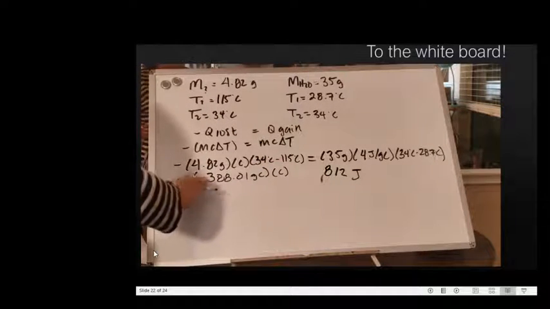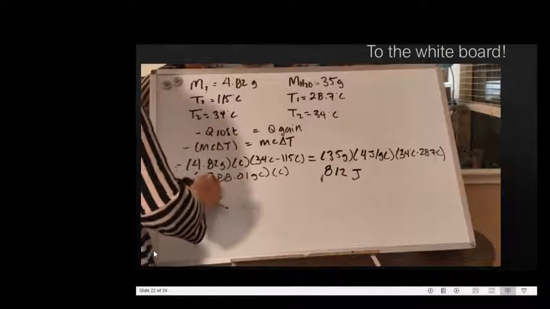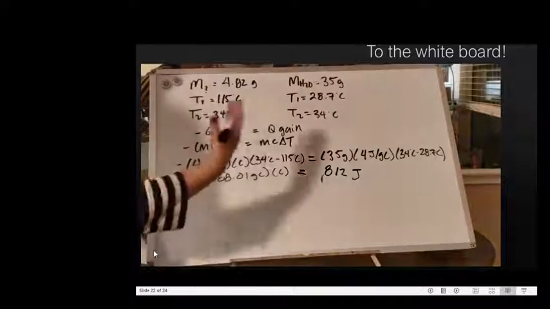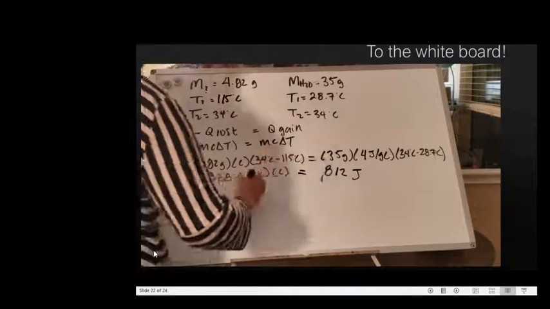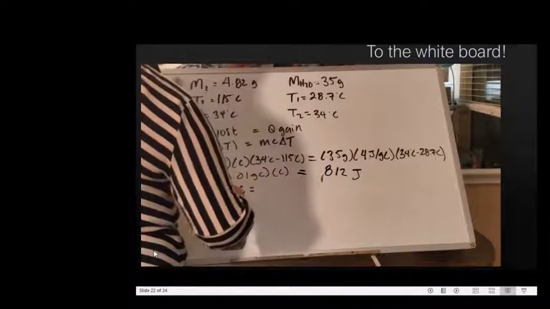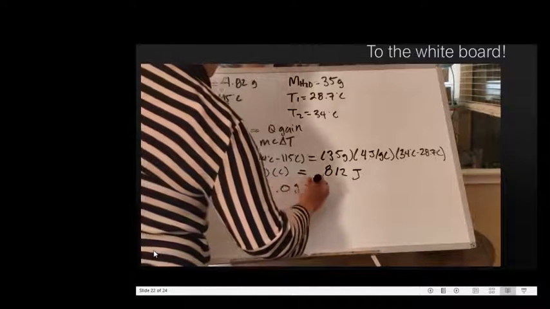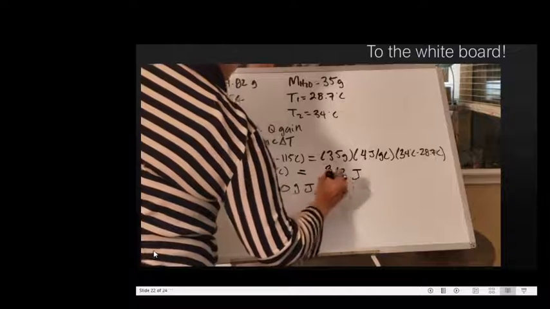And so these two negatives cancel out, so it just stays positive. So at this point, we just divide the two. We put this on the bottom, that goes on top, and we get 2.09 joules per gram Celsius.